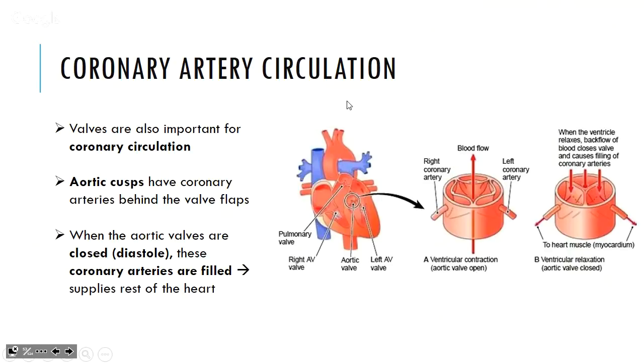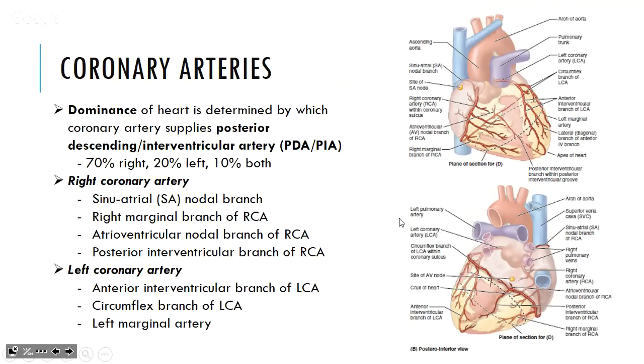So coronary artery circulation. So your heart also needs a blood supply. So that's what the coronary arteries are for. So during diastole, so that's when your ventricles are being filled, the blood also helps to fill into the right and left coronary arteries, which then supplies the heart. So this is kind of the picture we have here. So we'll just go through it.